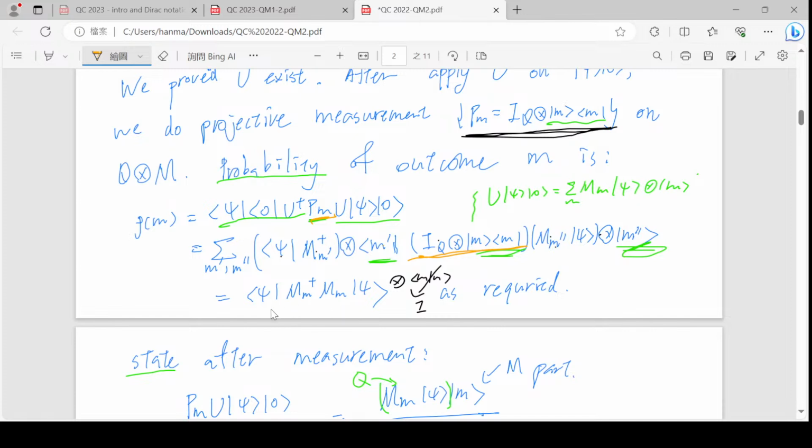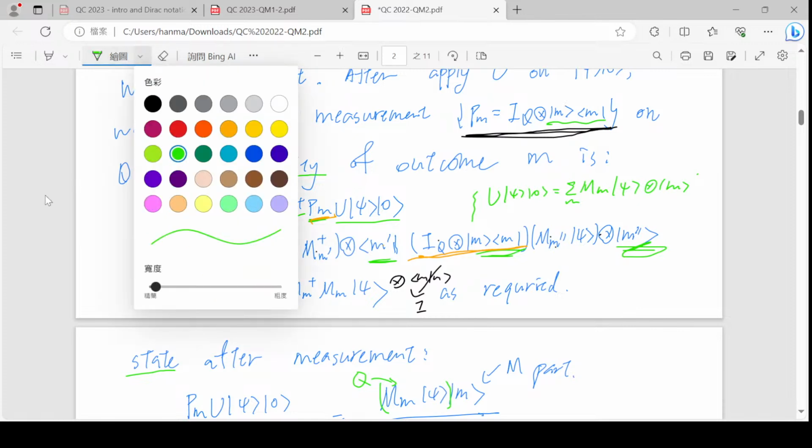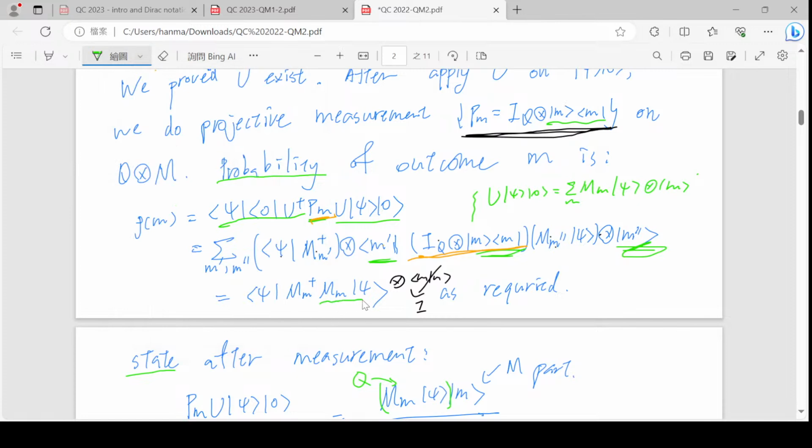Finally, you see that this is what you expect from your generalized measurement, right? You can check the previous chapter. This part is the sub-normal matrix, and this is its norm squared. So this is the probability of the generalized measurement you expected.